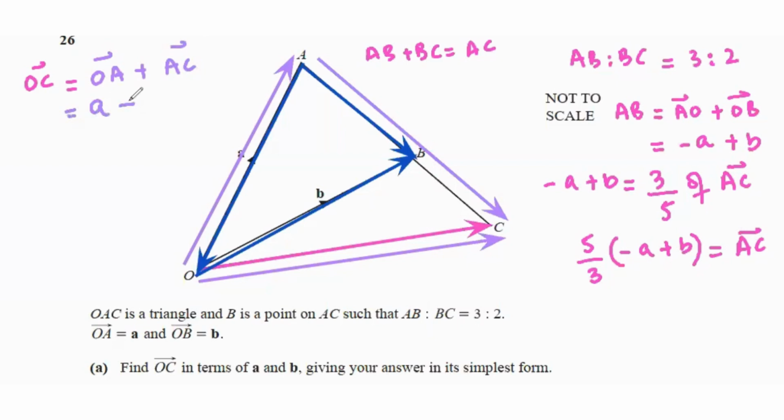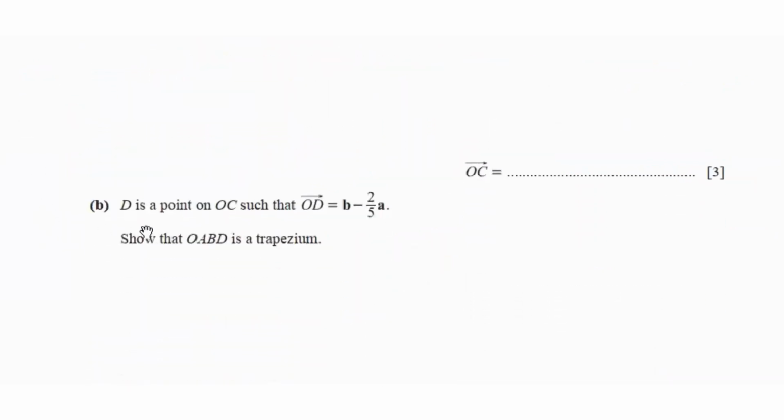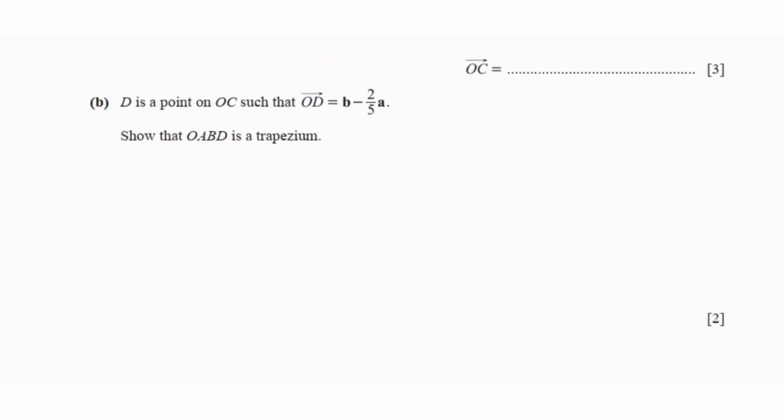That's going to be A plus 5/3 of negative A plus B, which will equal 3A minus 5A plus 5B over 3. I multiply the 3 with A, and then we had the same denominator. So 3A minus 5A is negative 2A, and plus 5B over 3. This is our OC.